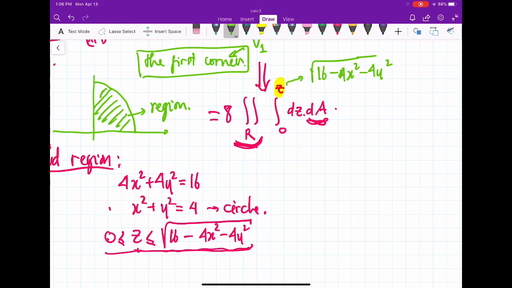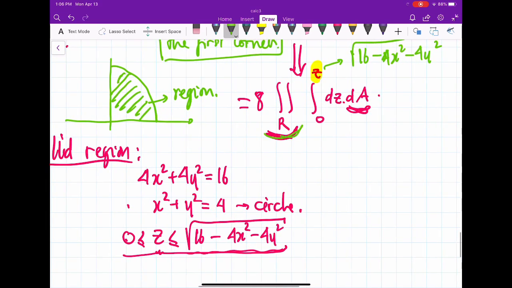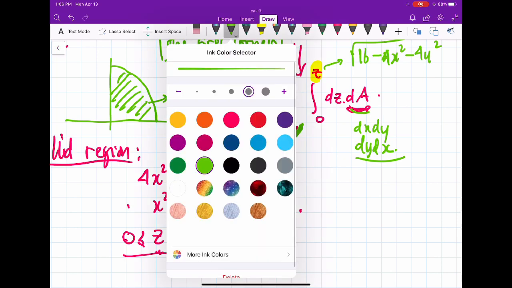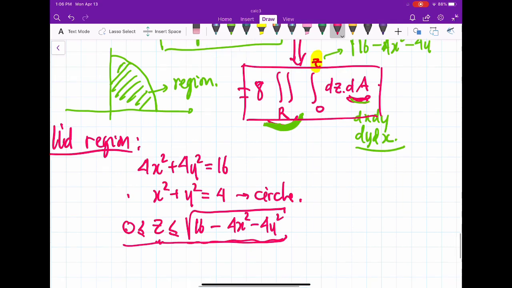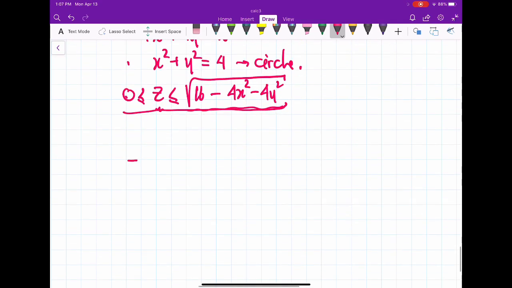Agree? And now, if you want to rewrite this in terms of dx dy or dy dx, that is your choice. But again, we apply the technique we learned for double integrals. Make sense? Okay, so let me copy this formula. And I write in here, that is 8.